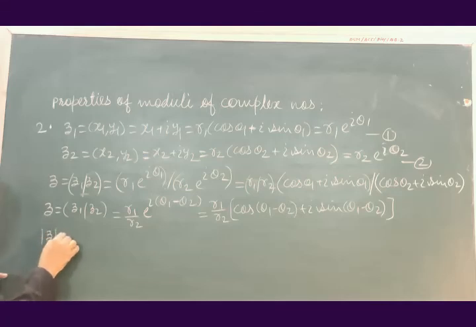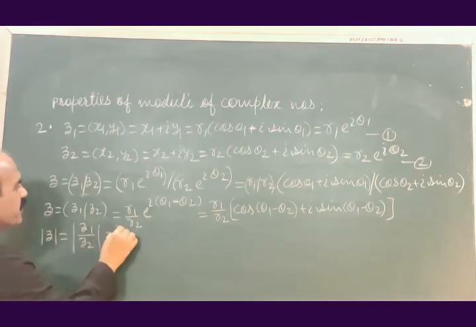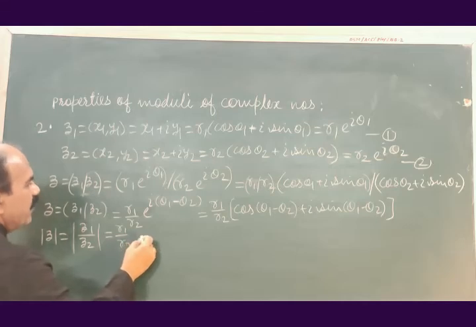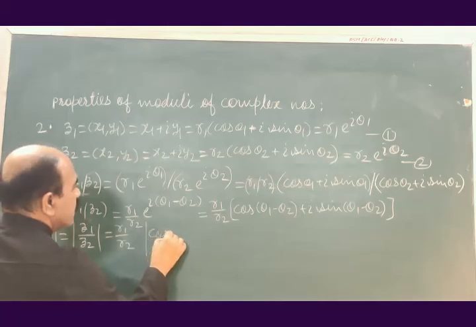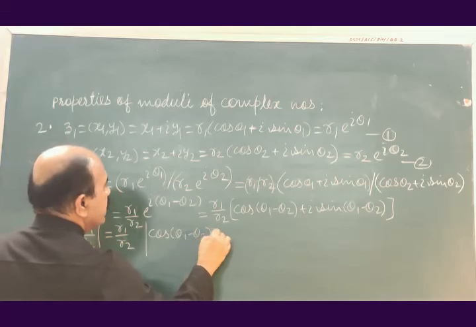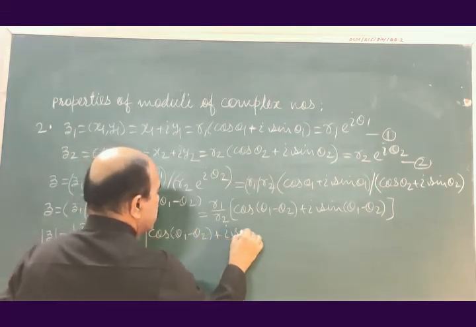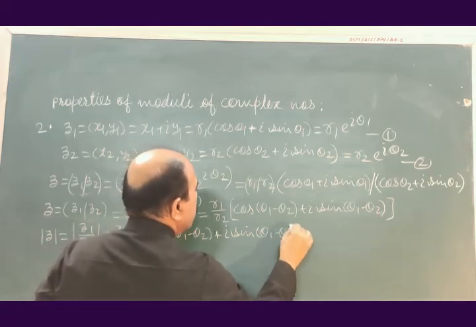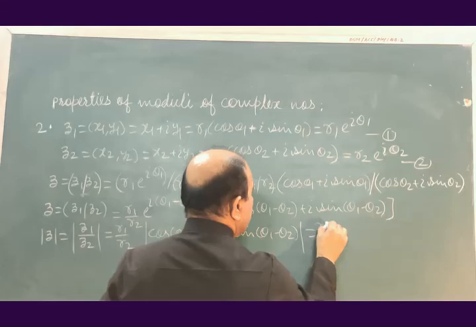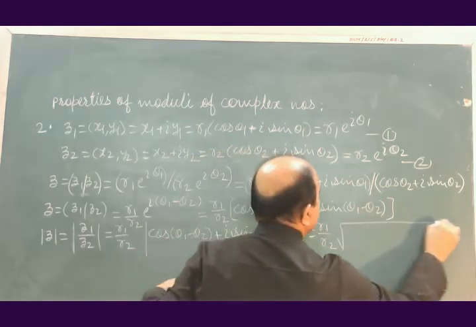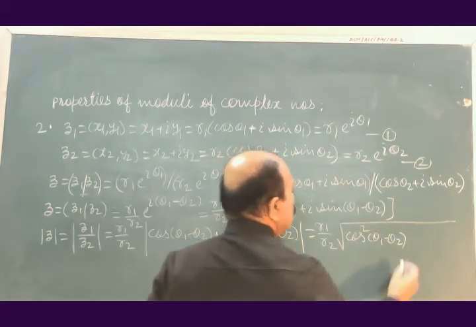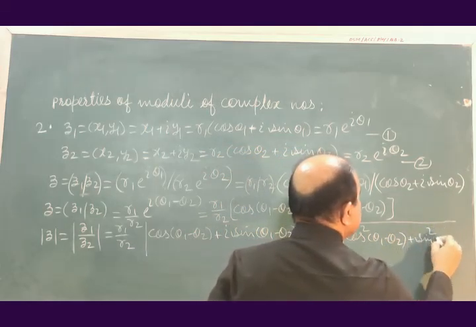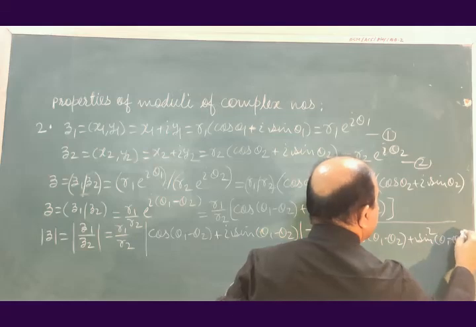Modulus of z is equal to modulus of z1 divided by z2 is equal to r1 divided by r2 into modulus of this cos theta 1 minus theta 2 plus i sin theta 1 minus theta 2, that is r1 by r2 into, inside the square root, cos square theta 1 minus theta 2 plus sin square theta 1 minus theta 2.